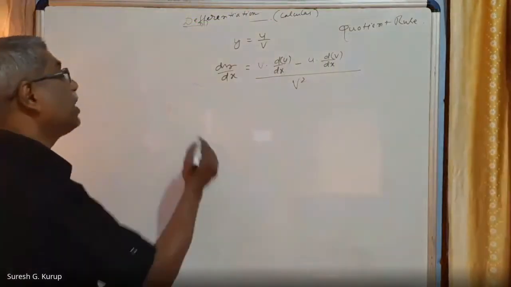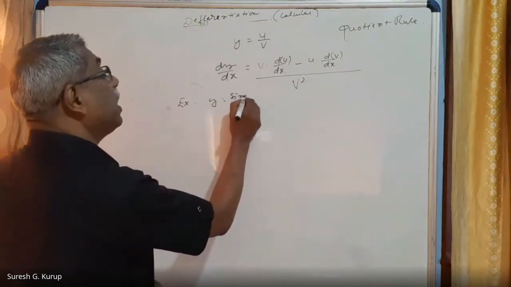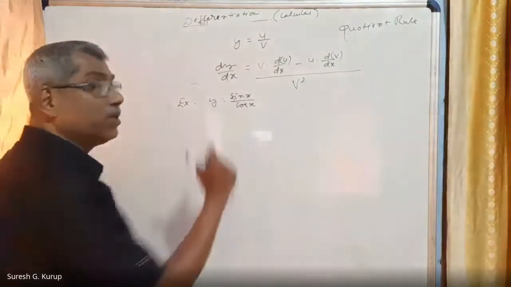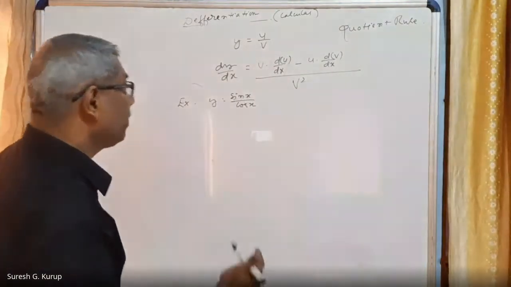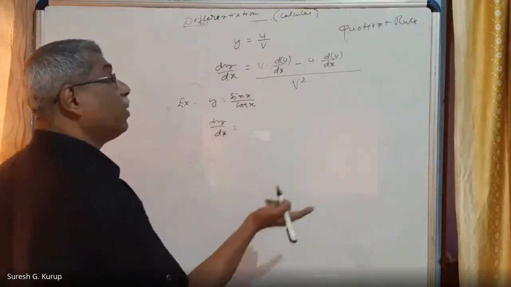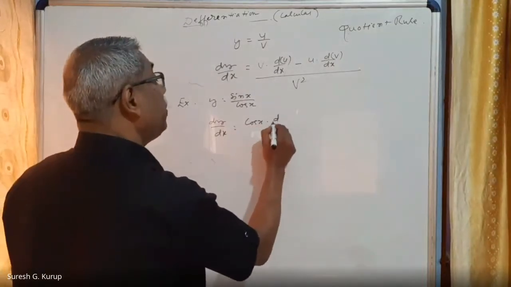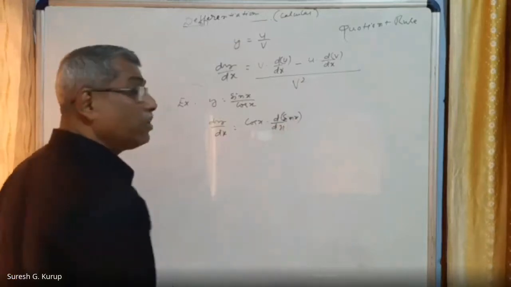Suppose there is a function, for example y is equal to sin x divided by cos x. This is u and this is v. Both u and v are functions of x. Then what is dy by dx? dy by dx is equal to the denominator, cos x, into d by dx of the numerator, the differential of sin x.